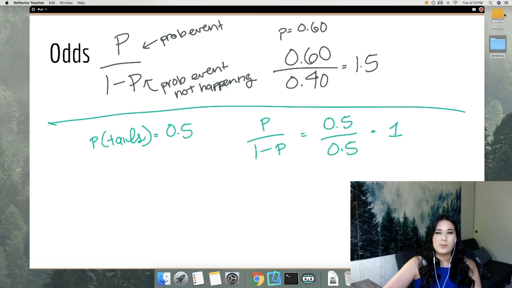When the odds of something are 1, it means it's just as likely that something will happen as it won't happen. When the odds are bigger than 1, it means it's more likely that the event will happen than not. And when they're less than 1, it's more likely that it won't happen than it will. Again, odds are just a different way to talk about probabilities by comparing the probability of something happening to the probability that it won't happen.